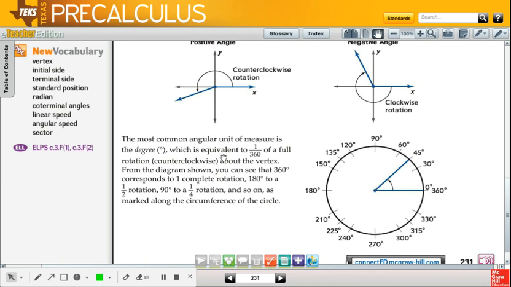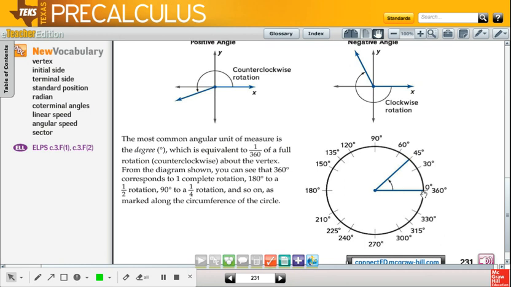So it's equivalent to 1/360 of a full rotation, counterclockwise, about the vertex. From the diagram shown, you can see that 360 degrees corresponds to one complete rotation, 180 degrees to a 1/2 rotation, 90 degrees to a 1/4 rotation, and so on, as marked along the circumference of the circle.